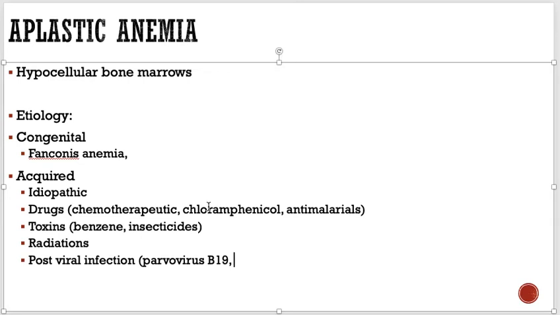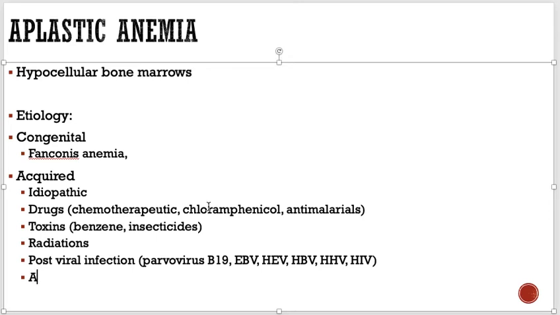Just any virus can cause it: Epstein-Barr virus, hepatitis B virus, human herpes virus, and of course HIV. So there are many viruses which can cause this.